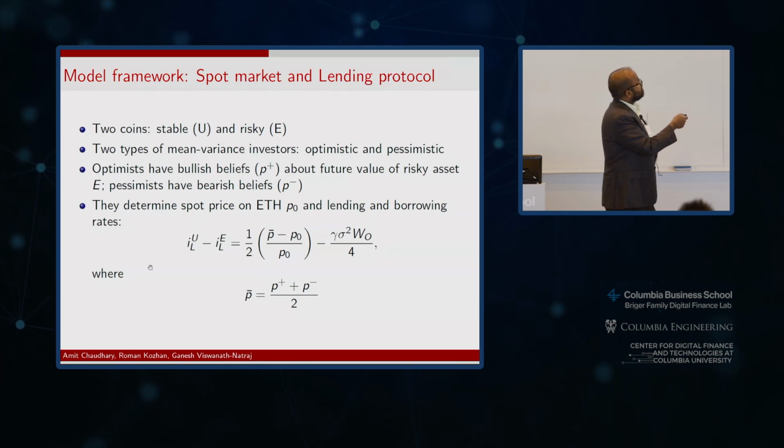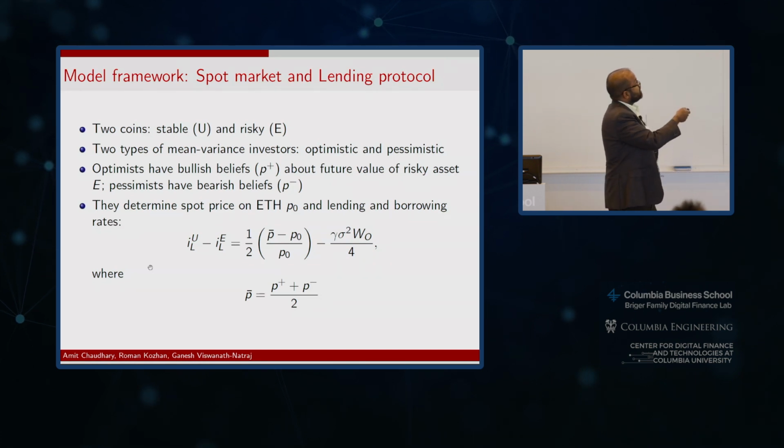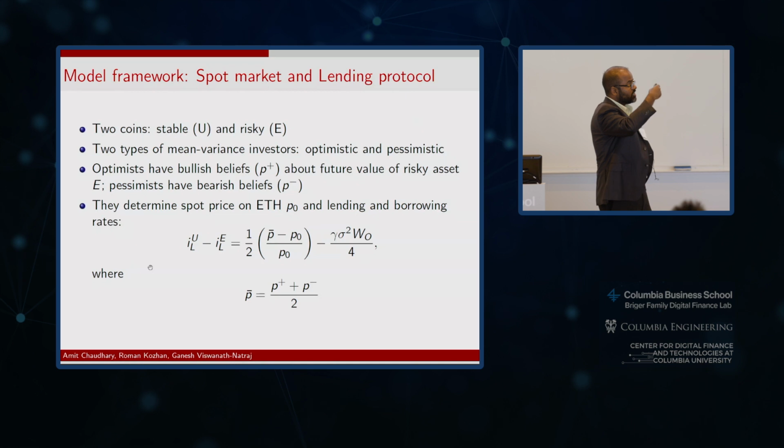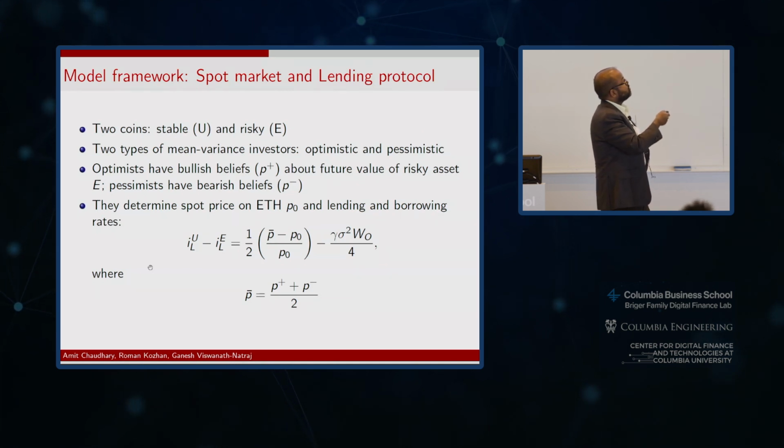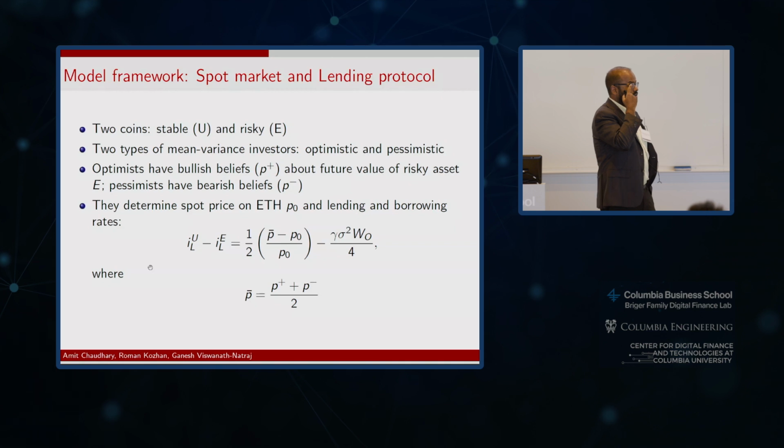So if the optimistic beliefs go up, so if P bar goes up because there's an increase in the optimists, then that will put upward pressure on the interest rate differential. Then we also have a risk premium term here to account for the wealth of optimists.